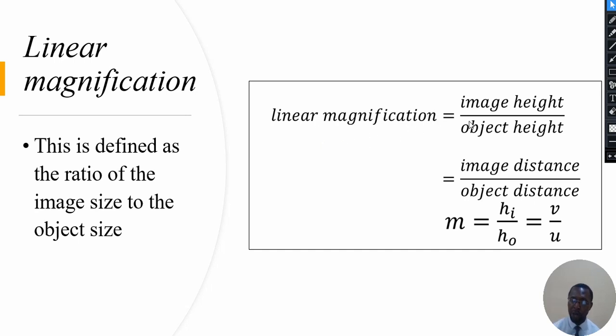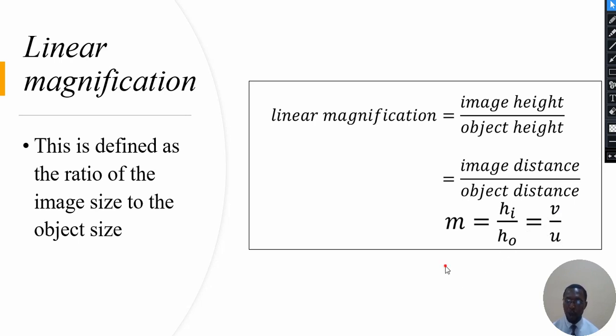Linear magnification equals image height over object height, which is the same thing as image distance over object distance. The linear magnification is represented with the letter M, which equals image height, hi, over ho, which is object height. That is equal to image distance, v, over object distance, u.